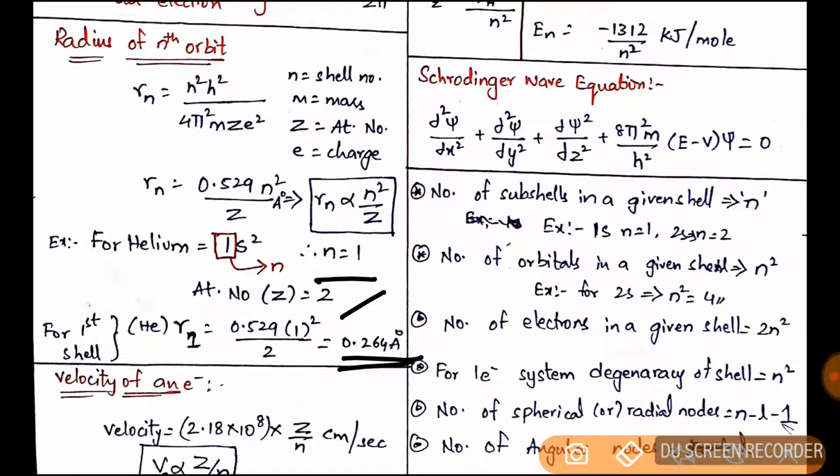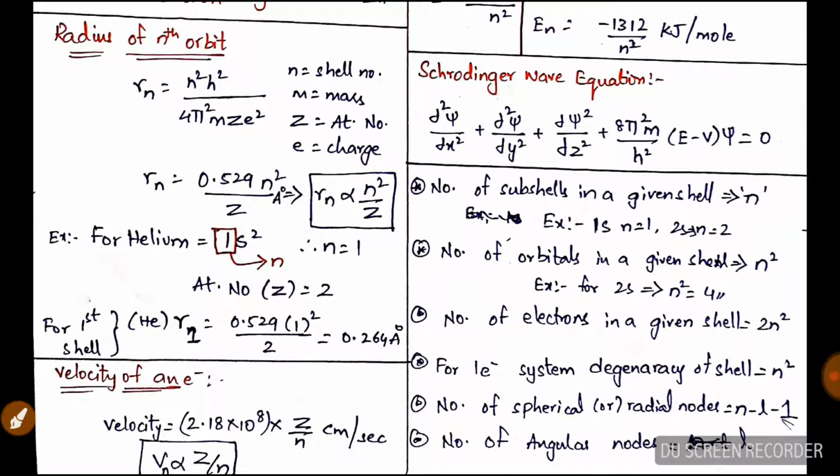And there is the velocity of an electron. Velocity of an electron is nothing but 2.18 into 10 power 8, into z by n. I think in CSIR or some exam they've asked this direct relation of velocity and principal quantum number. So these relations are important, guys, whether it is directly proportional or inversely proportional.